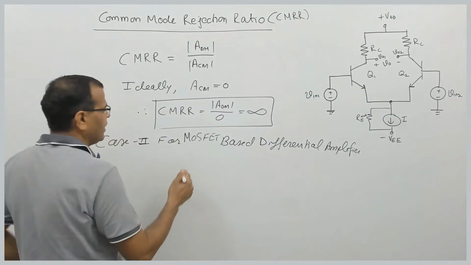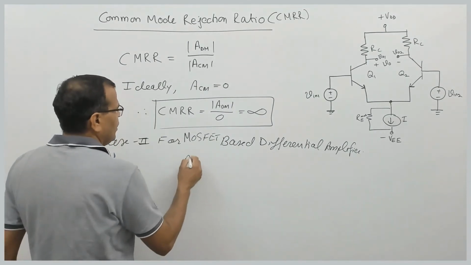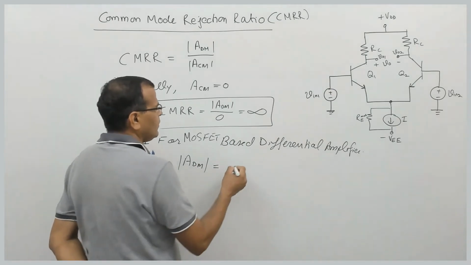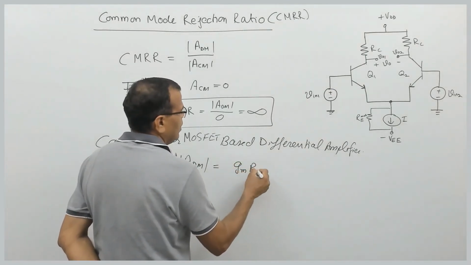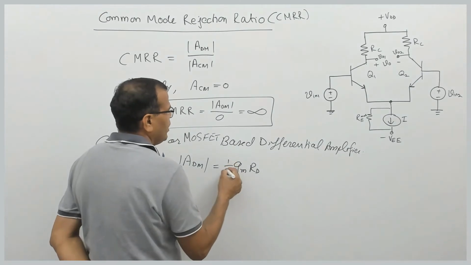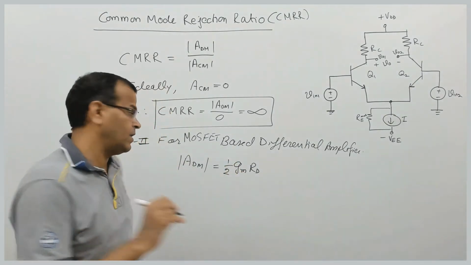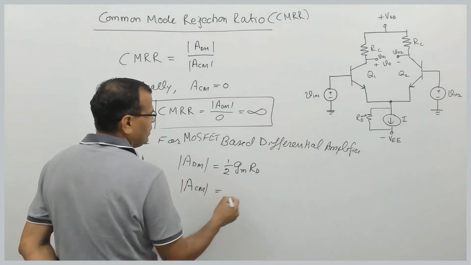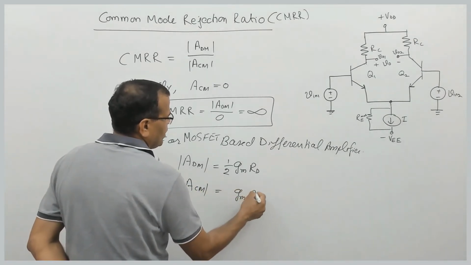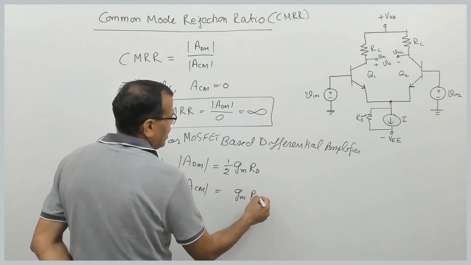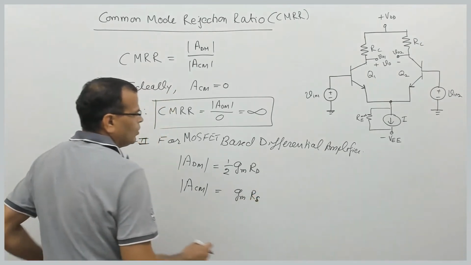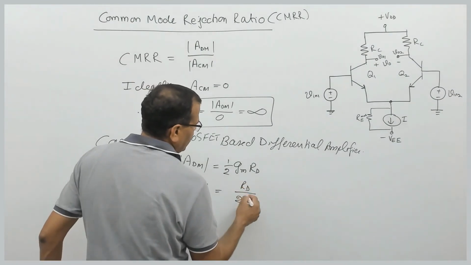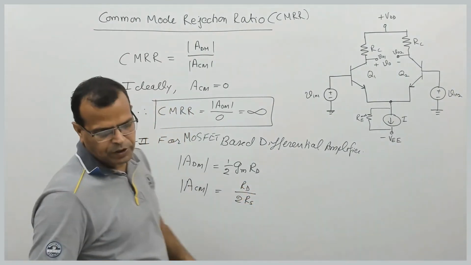So for single-ended output, the differential mode gain is given by GM into RD, 1 by 2. That is for single-ended. Common mode gain is nothing but GM multiplied by RS. That was RD by twice RS.